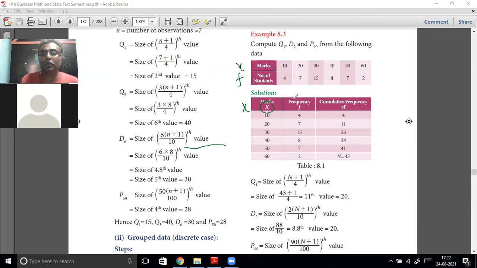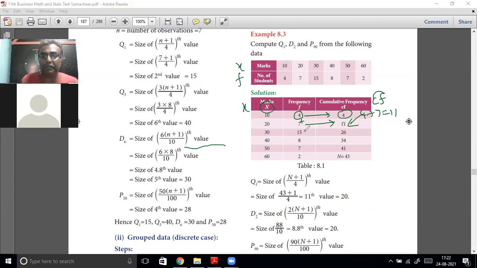Now for Q1 you have to find the cumulative frequency. CF is cumulative frequency. First 4, you have nothing else, only 4. Then 4 plus 7 equal to 11. That will be the cumulative frequency.